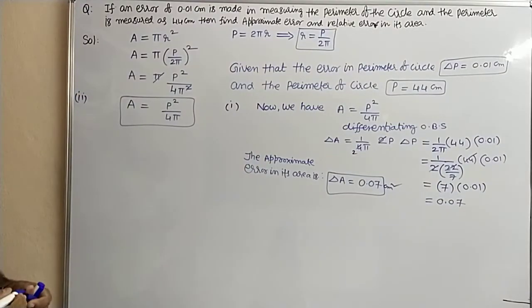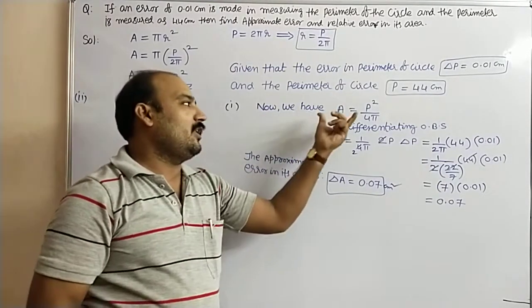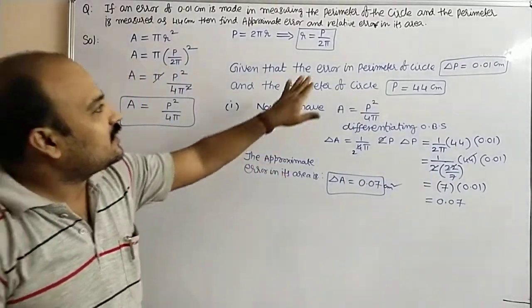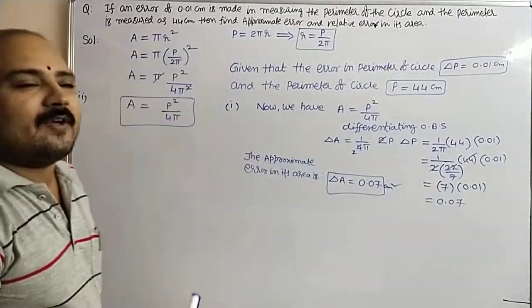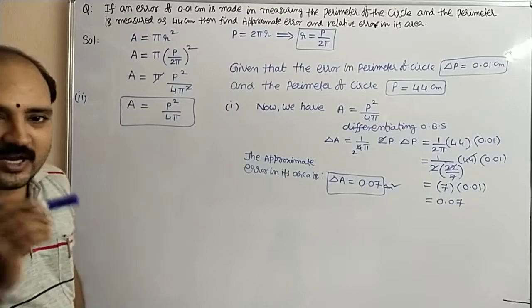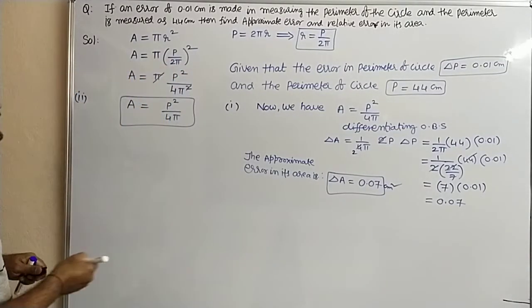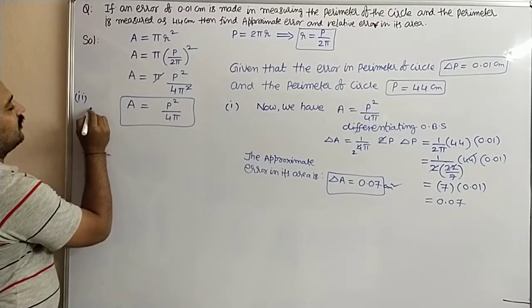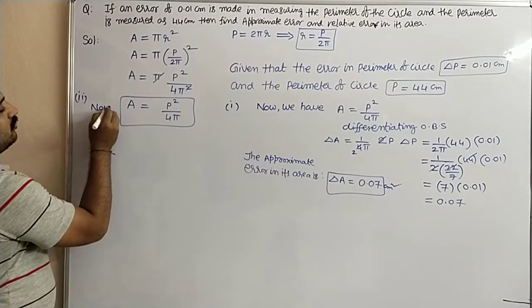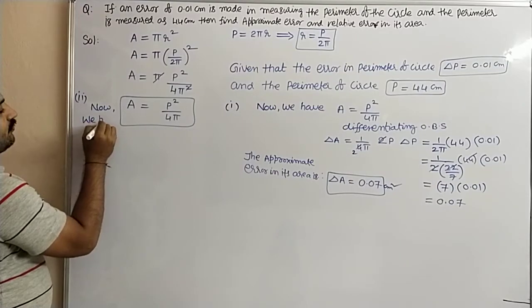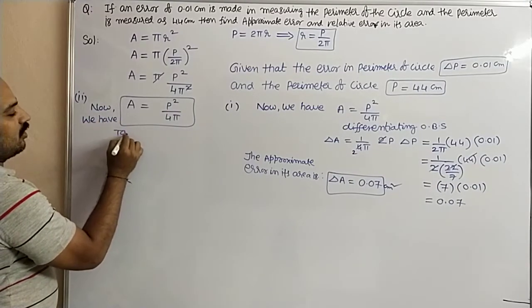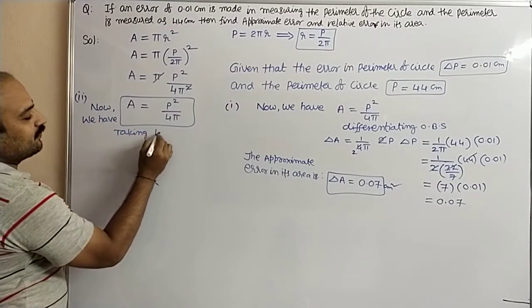Now come to the second part. From here only I will continue. Now we have A is equal to P square by 4 pi. They are asking relative error now. So whenever they are asking to calculate relative error, what we have to do? Taking log on both sides for this formula.